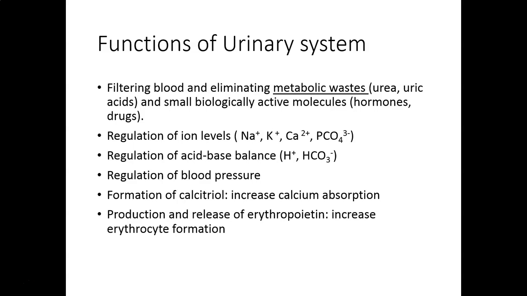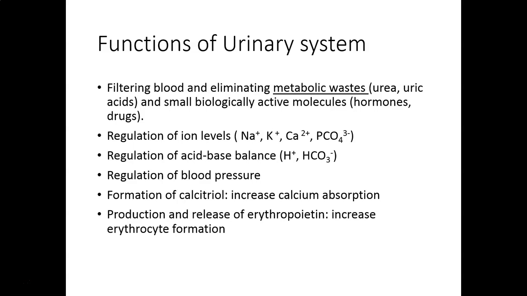But we are talking about filtering blood for different purposes. For the lymphatic system, the organ is spleen, which filters blood to eliminate pathogens and any abnormal cells. So that's basically defending ourselves against any pathogen or anything that could cause disease.